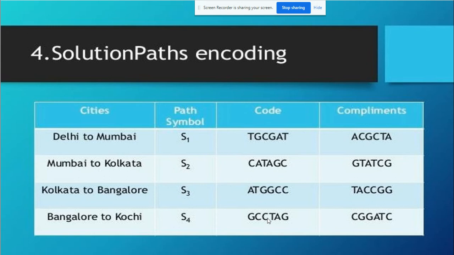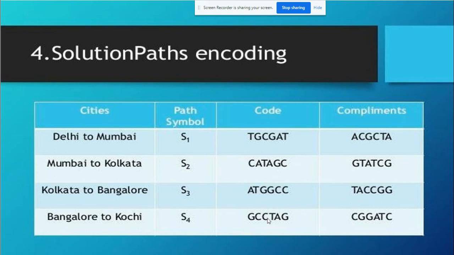The solution for the path encoding. The cities in the problem statement solution are Delhi to Mumbai, Mumbai to Kolkata, Kolkata to Mangalore, and Mangalore to Kochi, and we cross each path only once.